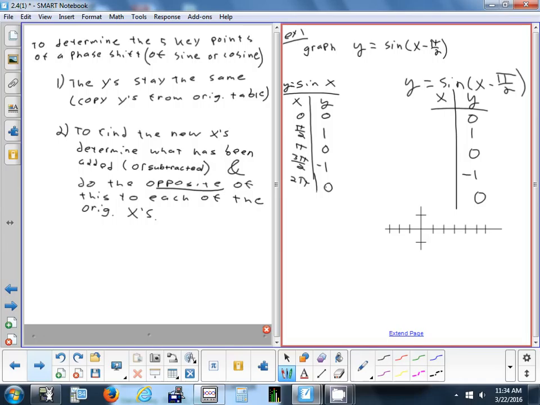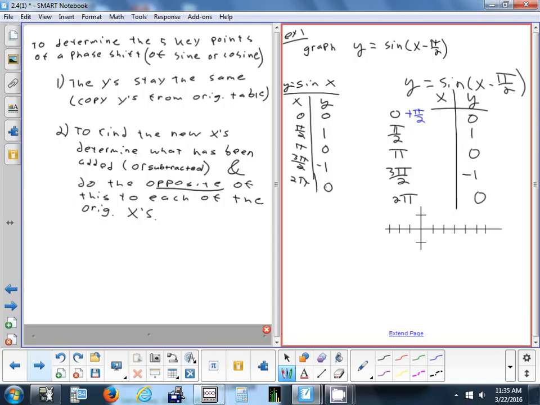So in this case, I subtracted pi over 2. So do the opposite of that to all the original x's. So we've got 0, pi over 2, pi, 3 pi over 2, 2 pi. I'm just copying my originals. And Kate just said add pi over 2 to all of them.